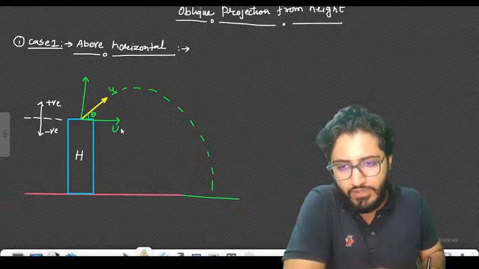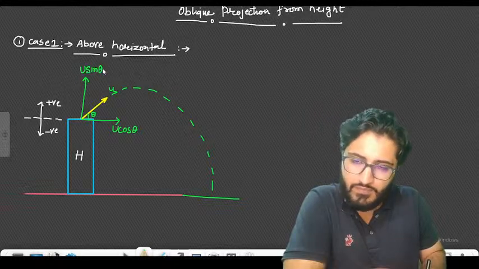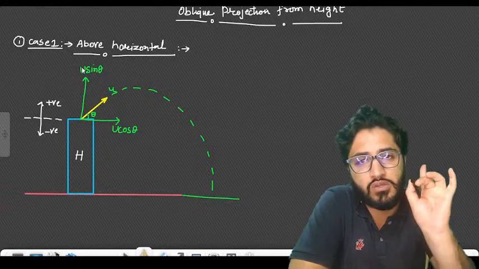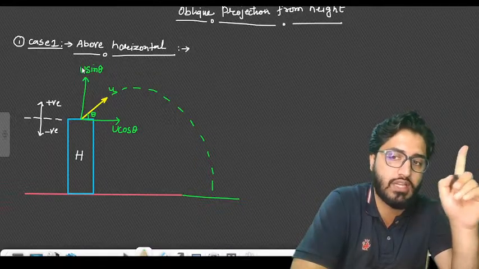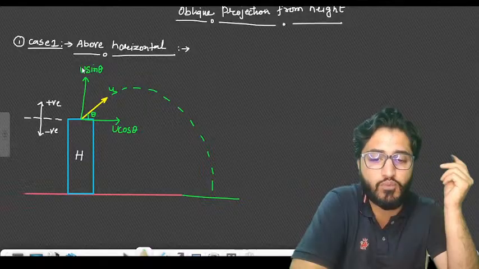One component will be u cos theta across the x-axis and u sin theta along the y-axis. Look, u cos theta is responsible for x direction motion, and u sin theta is responsible for y direction motion.